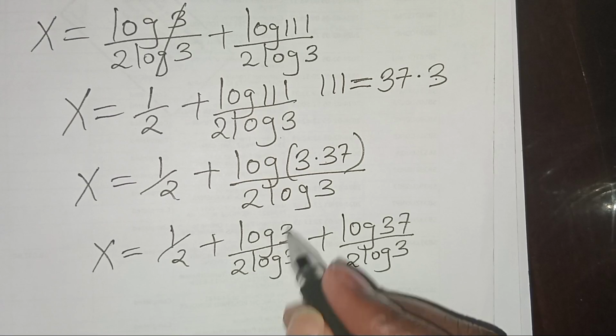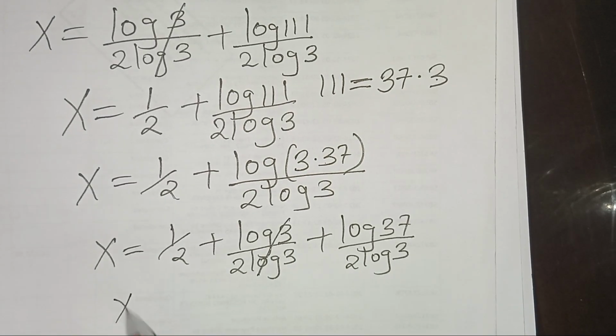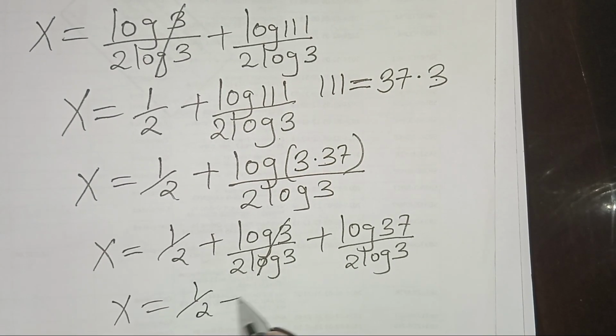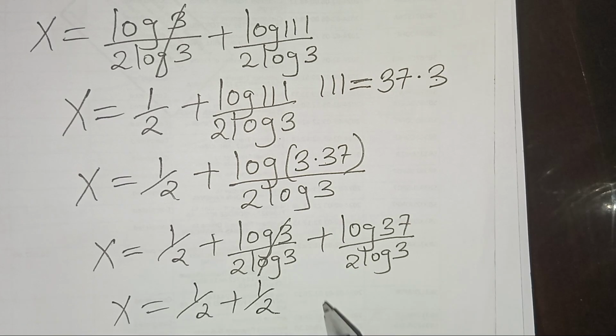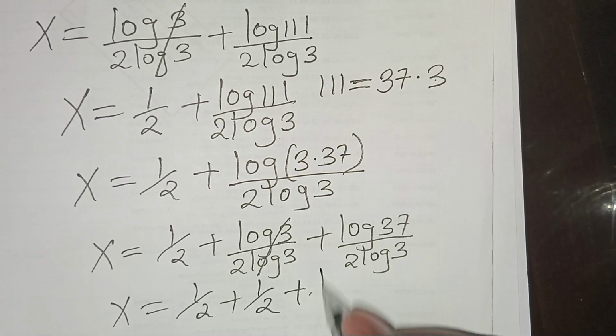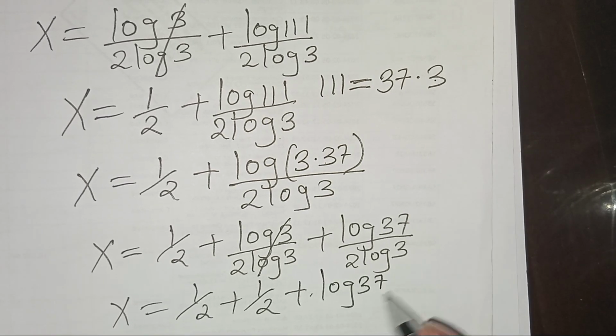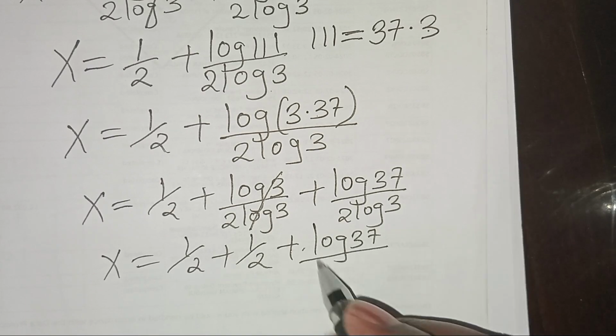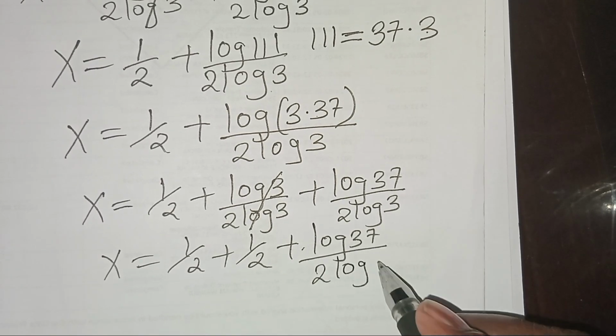So let's simplify here again, so that here x is equal to half plus half plus log 37 divided by 2 log 3.